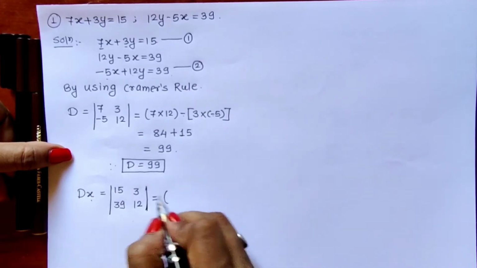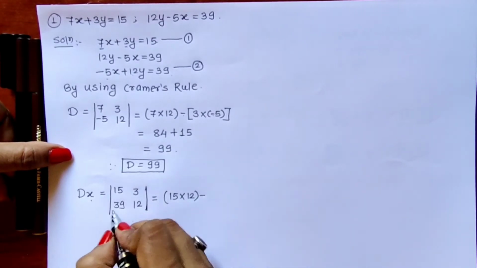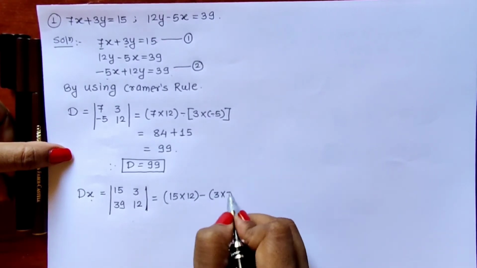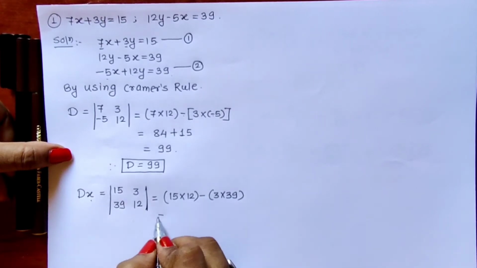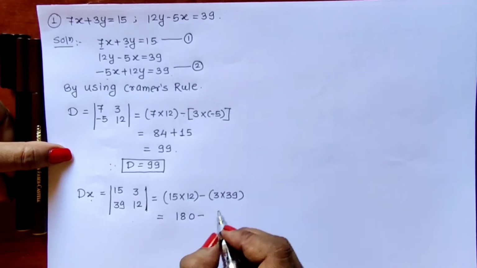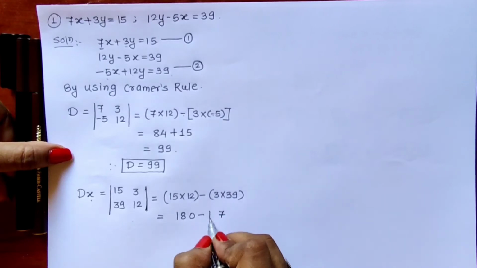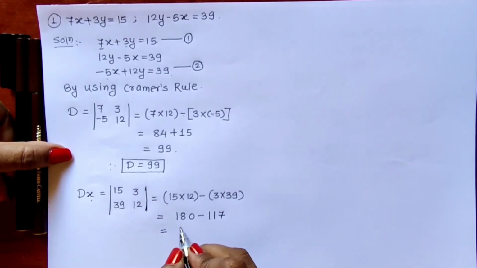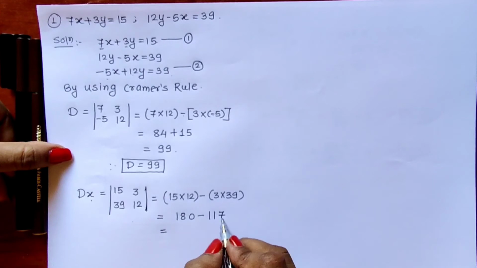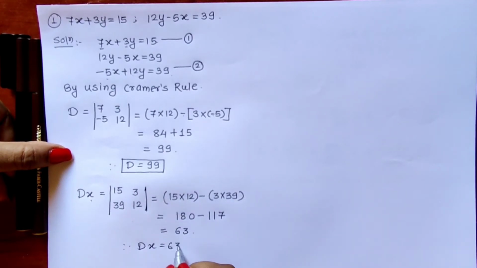Cross multiply: 15 into 12 minus 3 into 39. 15 into 12 is 180. 3 into 39: 3 9s are 27, 2 carrying, 3 3s are 9 plus 2 is 11. So 180 minus 117. What will be the answer? It will be 63. Correct? And therefore Dx is equal to 63.